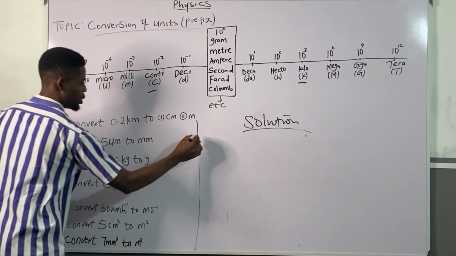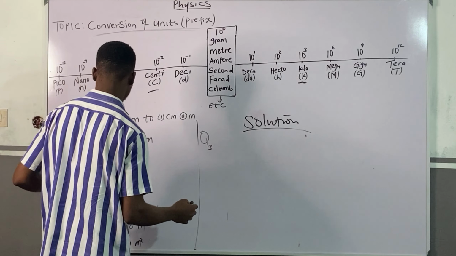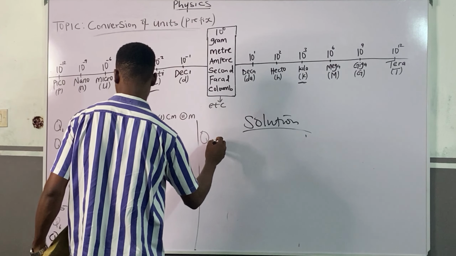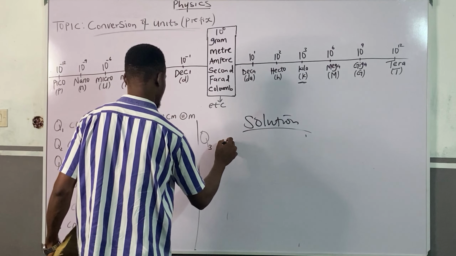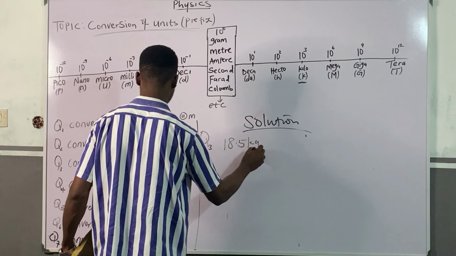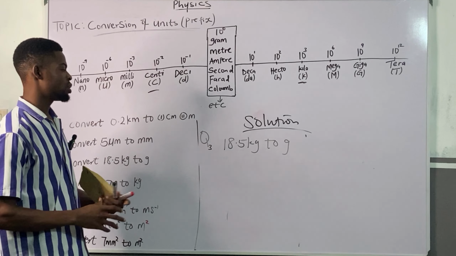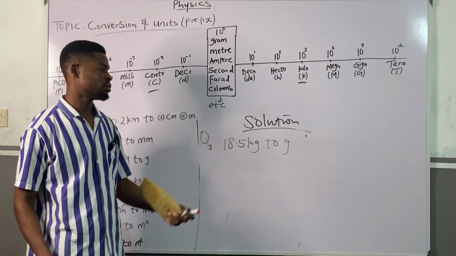In question number 3, we have to convert 18.5 kg to gram.